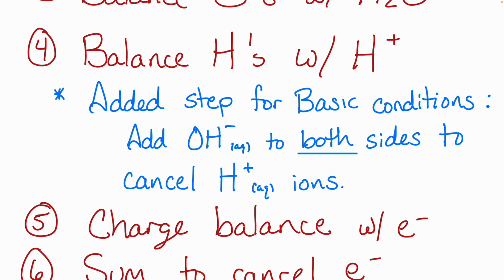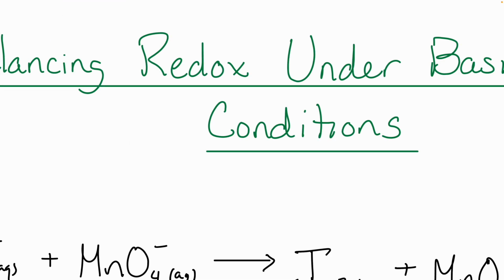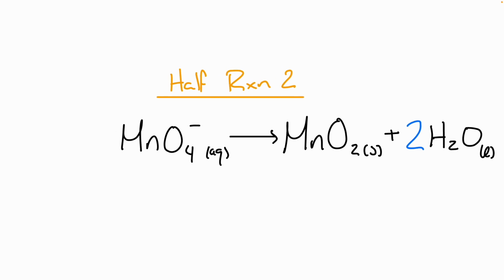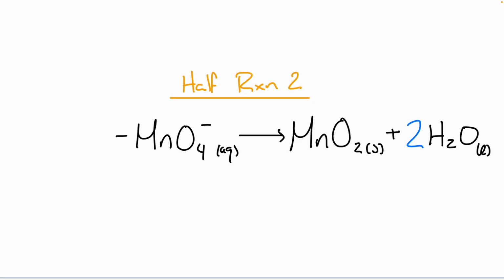We're still going to go through step 4, this is just kind of a bookkeeping trick here to make sure that everything is nice and neat and balanced. All right, so I'm going to add how many hydrogen ions to the left? 4. And those are aq. Cool.